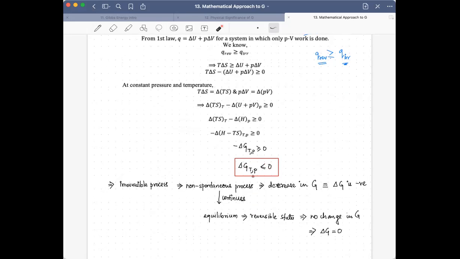However, once delta G equals 0, then it is a reversible or equilibrium state, after which there is no further reaction or the system is not doing any kind of work. So this is another approach to derive the same criterion to decide spontaneity using Gibbs free energy.